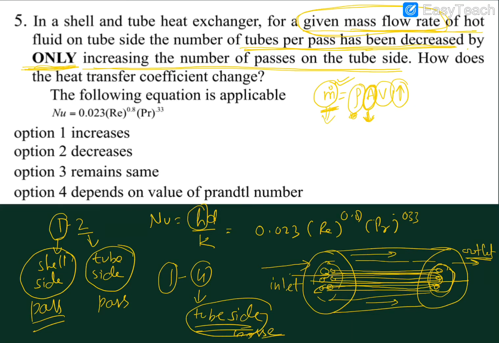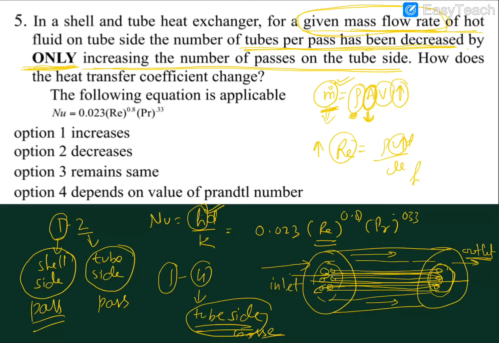So when velocity is increased, what can you conclude? What will be the effect of increased velocity on Reynolds number? Reynolds number is going to increase. Here H is the heat transfer coefficient. We have to find the relationship between H and Reynolds number.